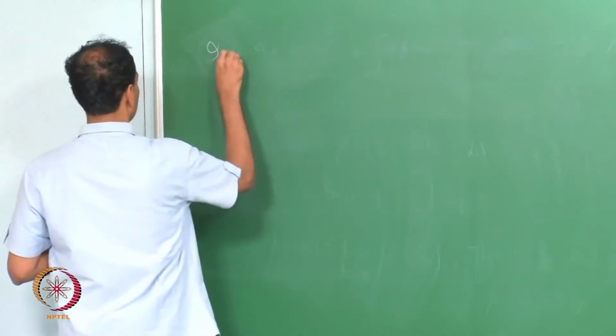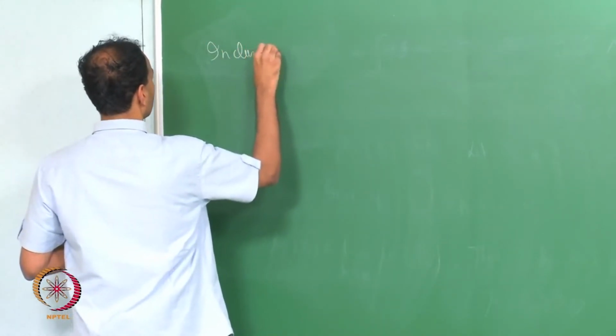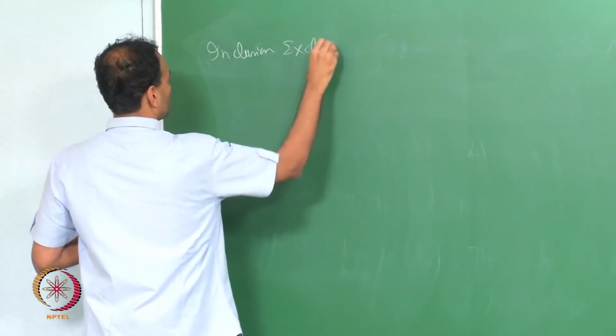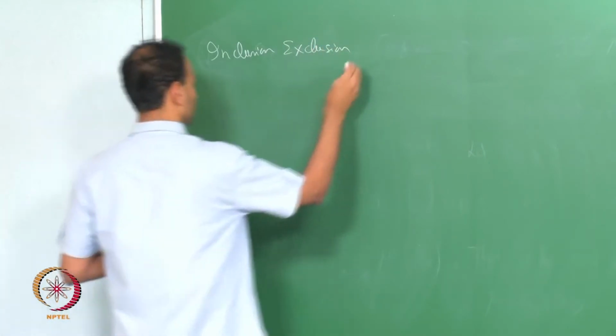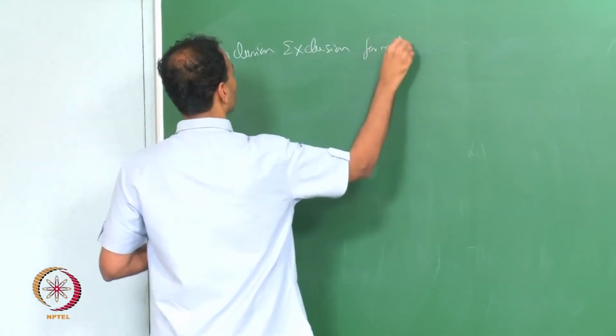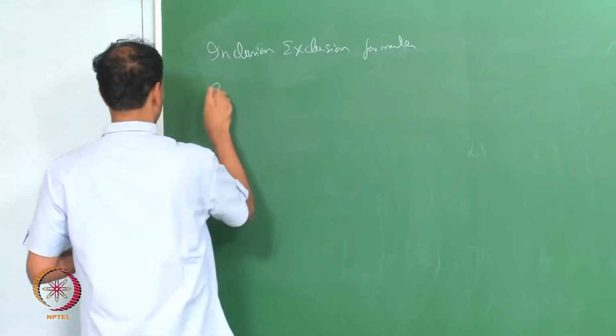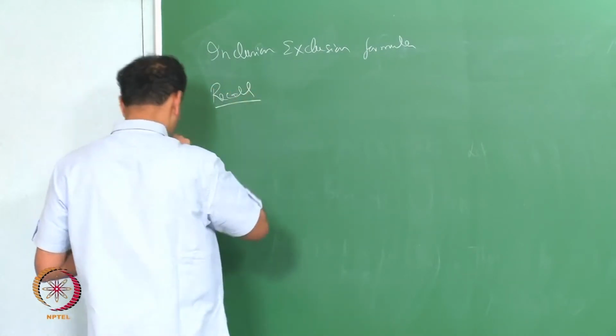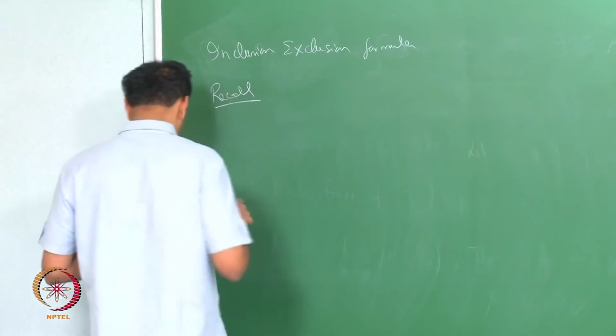So, inclusion exclusion principle. So, inclusion exclusion formula if you like. So, recall, this is from your first chapter.